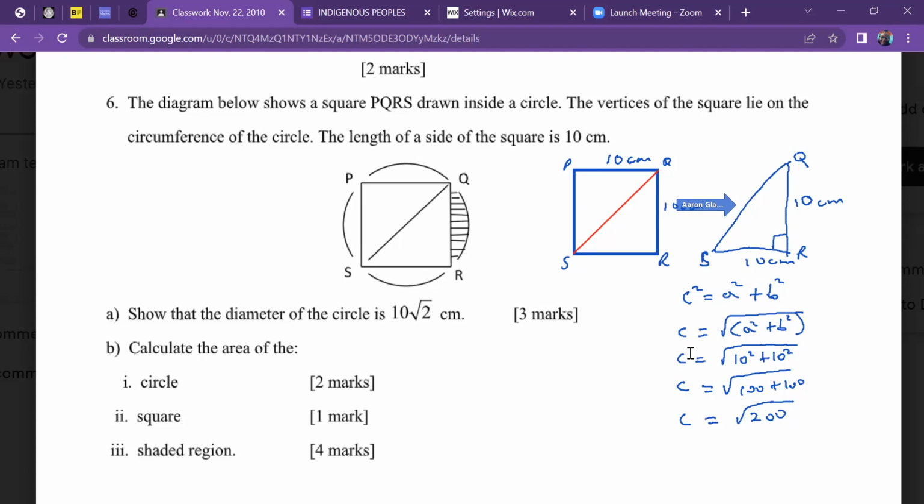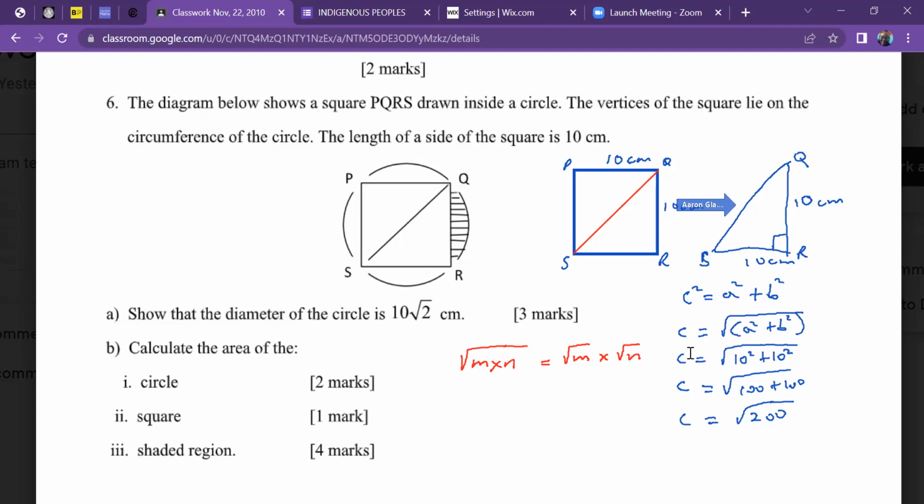So here's the rule, let me write it in red. The square root of m times n is equal to the square root of m multiplied by the square root of n. That's a rule.